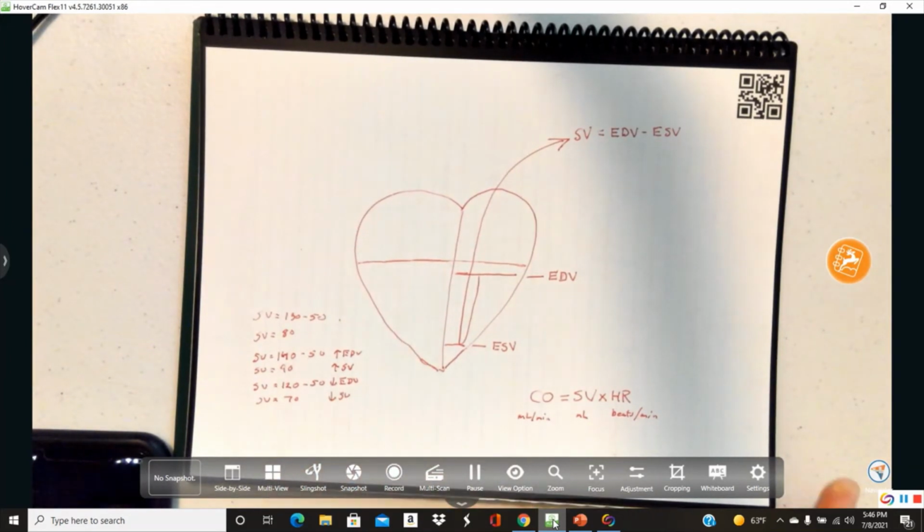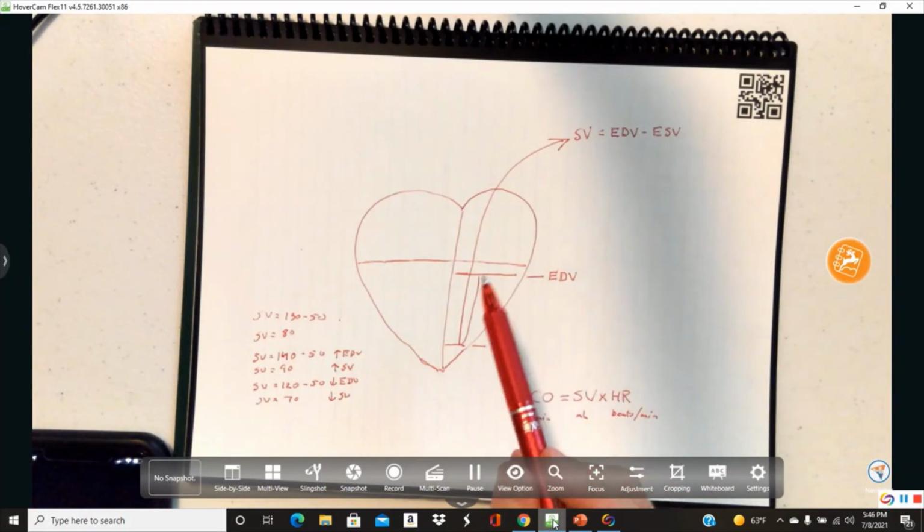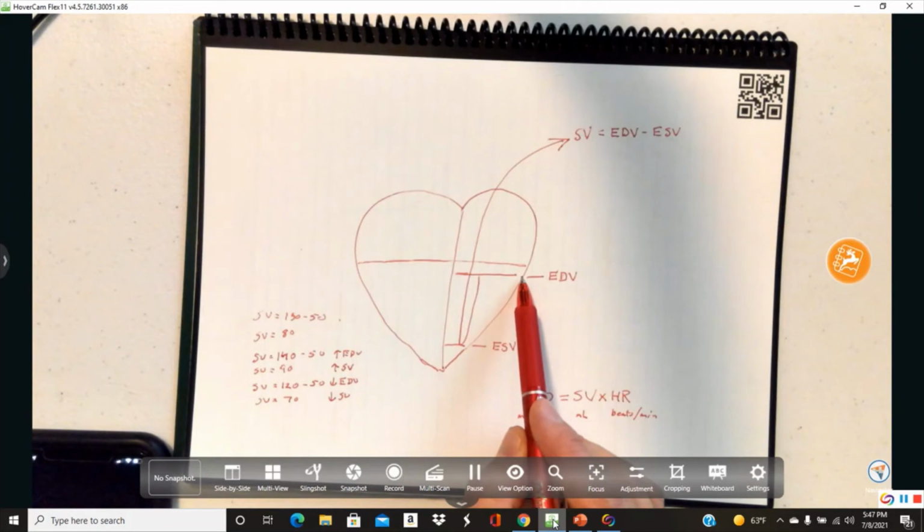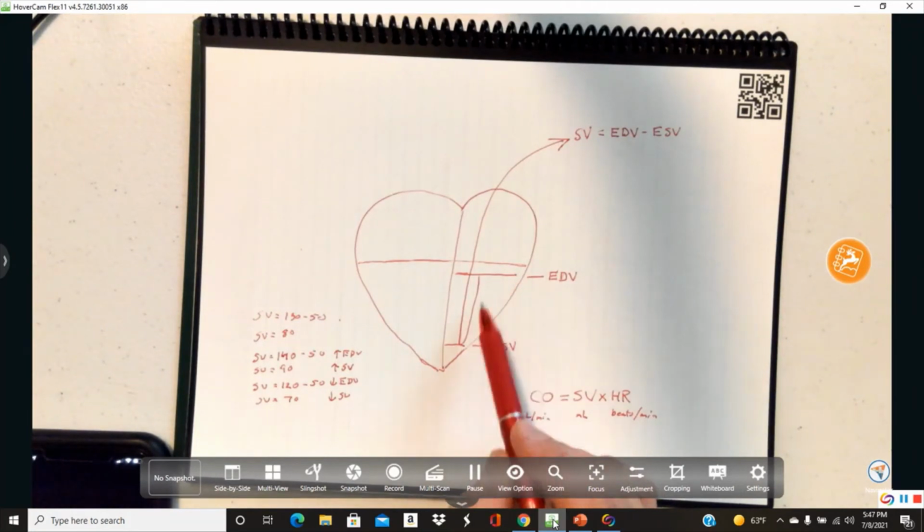Now let's think about this. Again, let's use Granny's supper. Granny makes a lot of food, and that means you can eat more food. If Granny makes less food, you eat less food, if ESV stays the same.